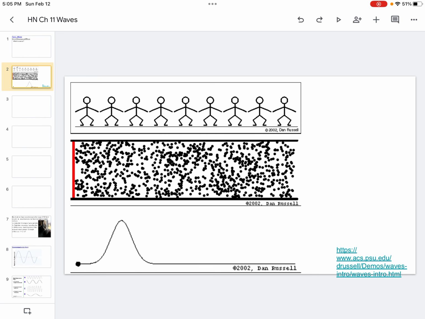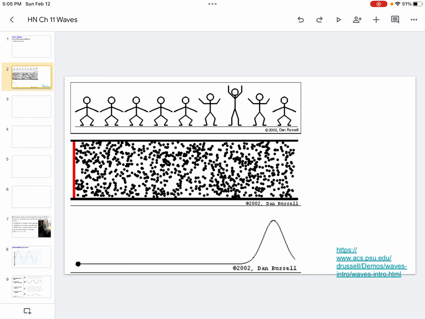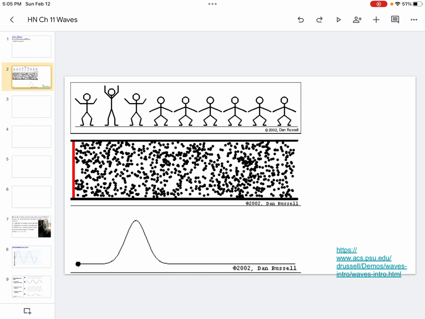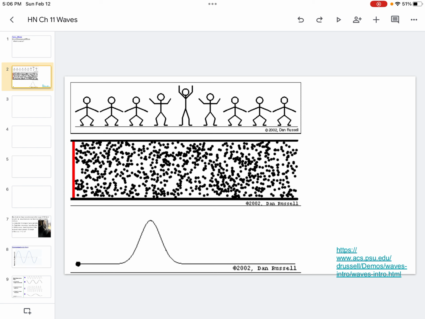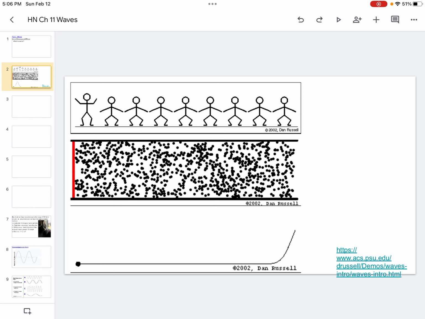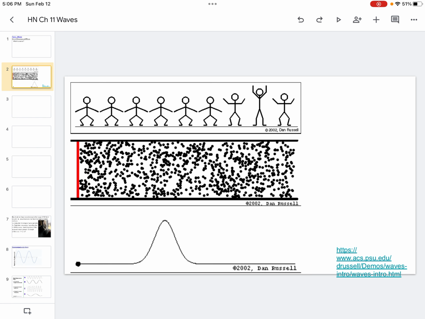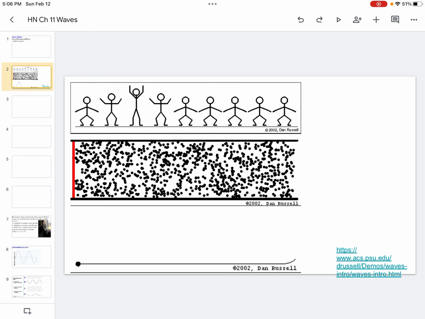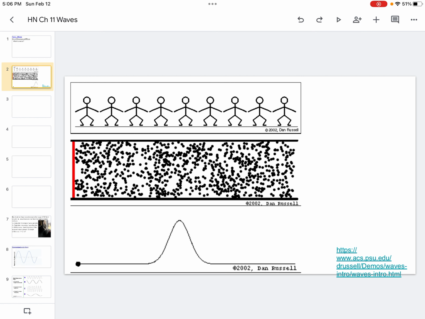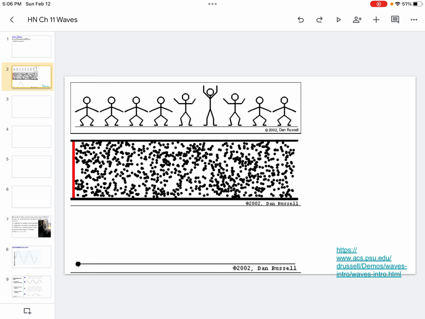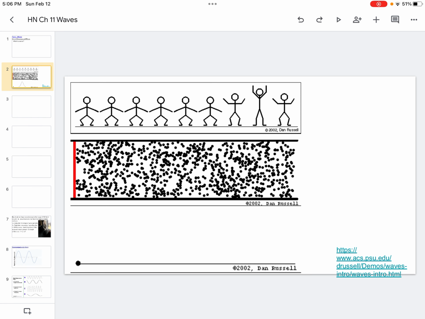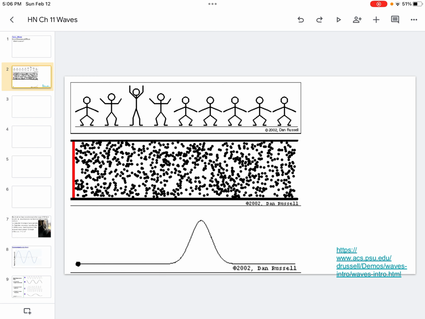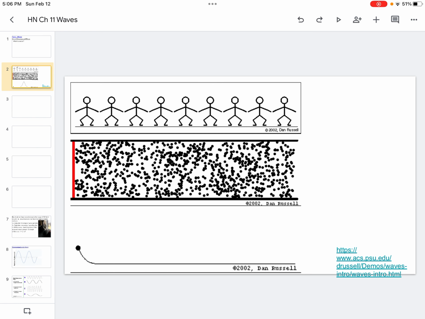For the top one, with the people doing the wave, the people oscillate up and down, but the wave travels from the left side of the screen to the right side of the screen. Similarly, in the middle one, if you look at one of the black dots representing a particle, it oscillates a little bit, in this case to the right and then back to the left, but it doesn't really go anywhere.